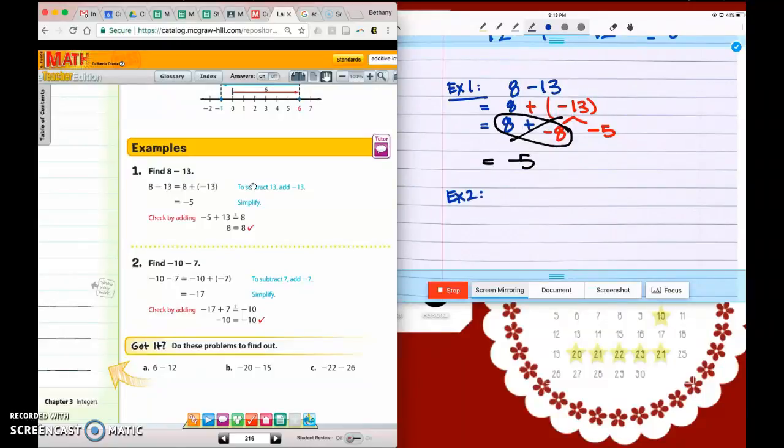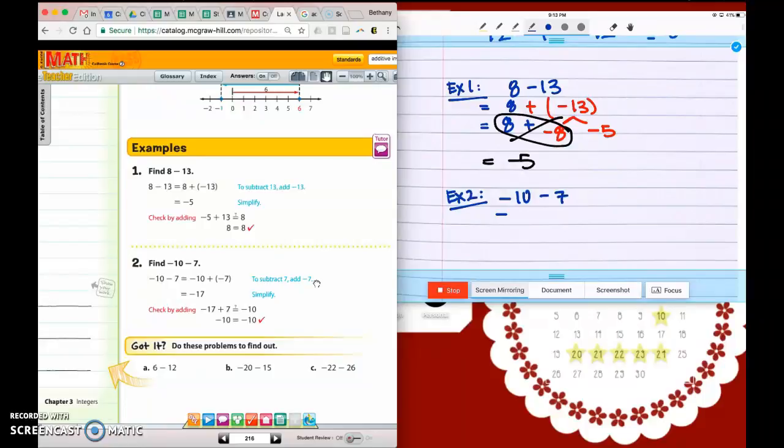Literally, the notes that I create for you come from these examples. So if you're ever confused, the steps are here to help you. Next example, we've got negative 10 minus 7. It says, again, to subtract 7, add negative 7, so add the additive inverse.